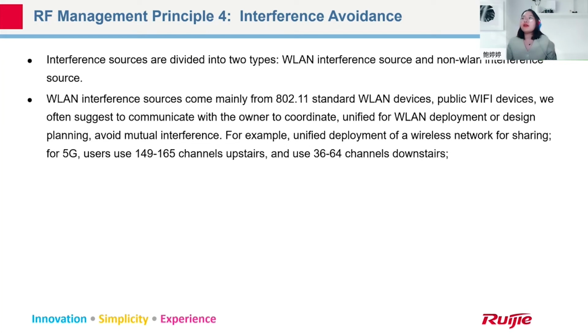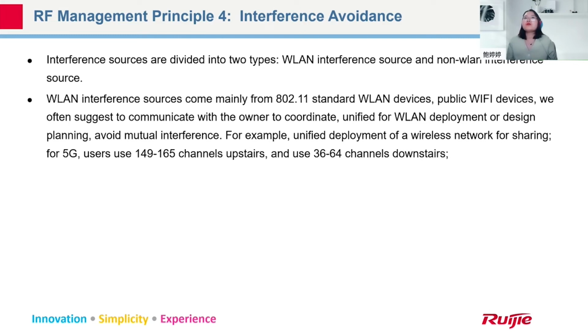And the third one: if in special places you want to reduce the coverage but don't want to reduce the speed, you only want to reduce the signal coverage, you can change the control power parameters. So these are the 3 principles.